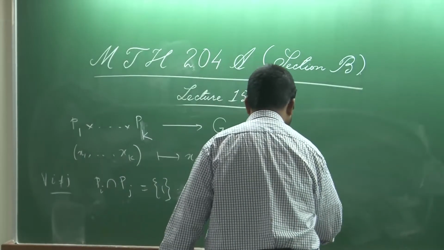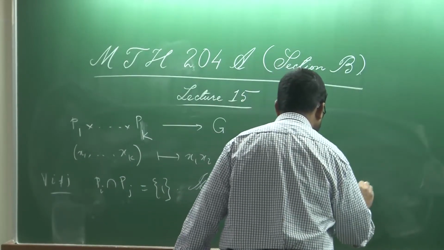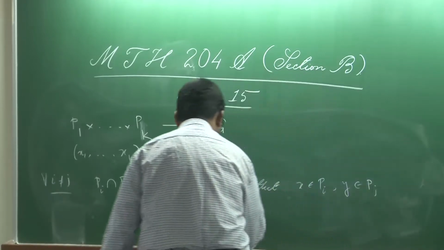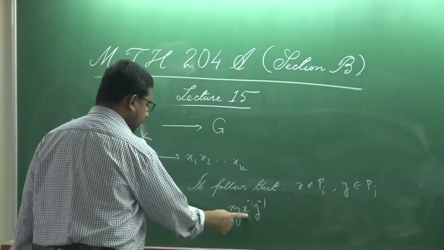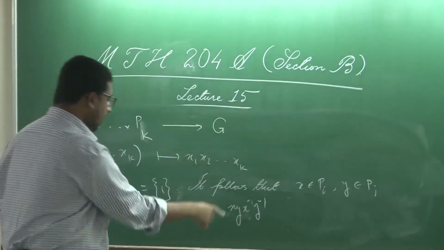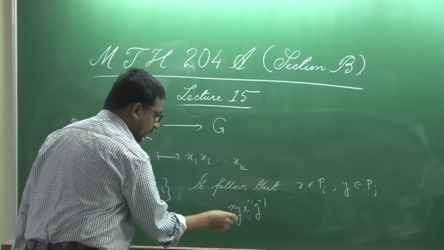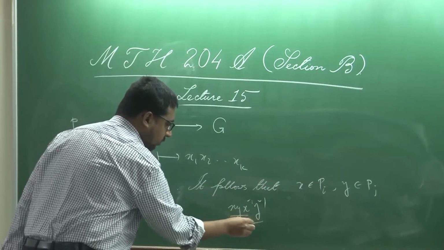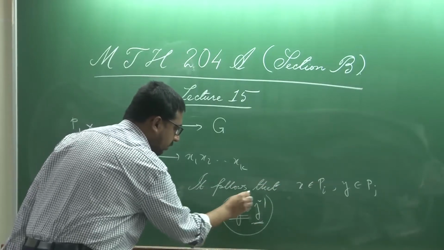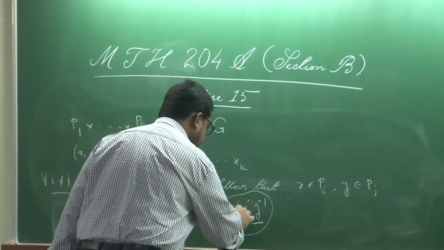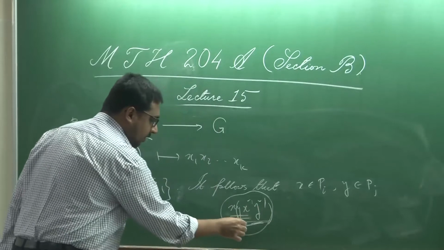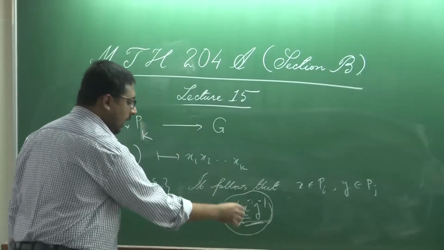If x lies in Pi and y lies in Pj, look at the quantity x inverse y inverse x y. By 3, Pj is normal, so this quantity lies in Pj. Looking at it from the other perspective, since Pi is normal, it also lies in Pi.